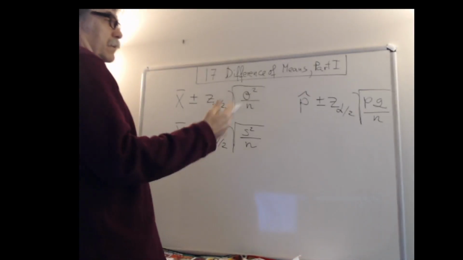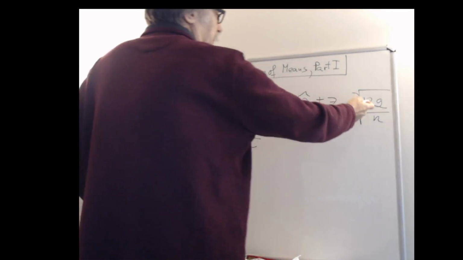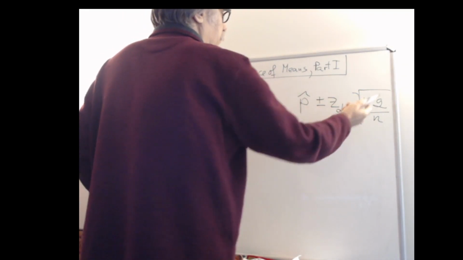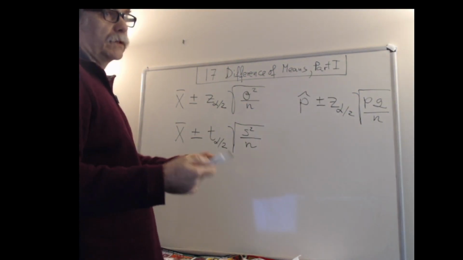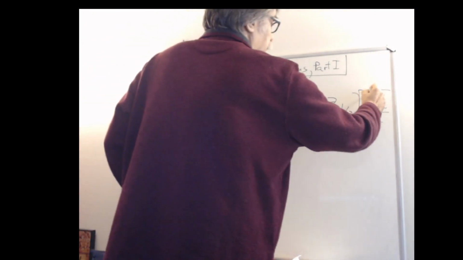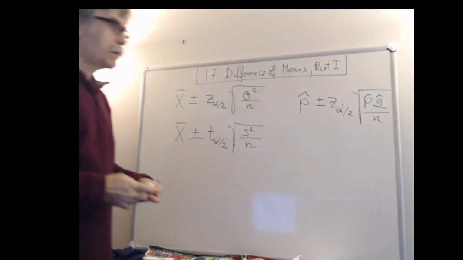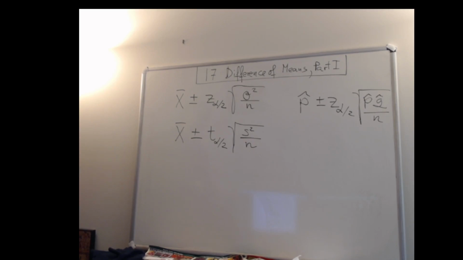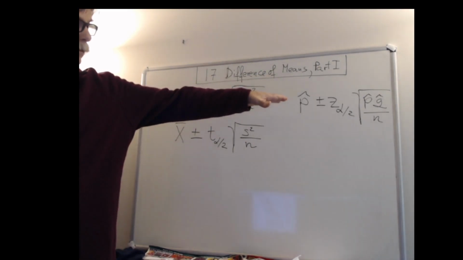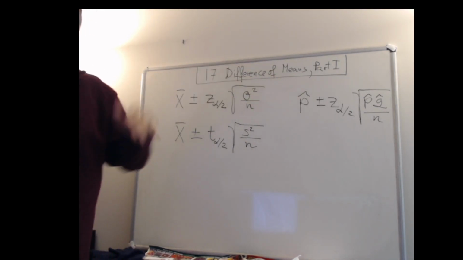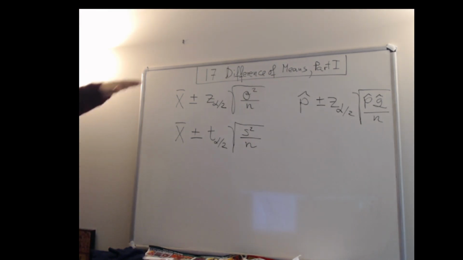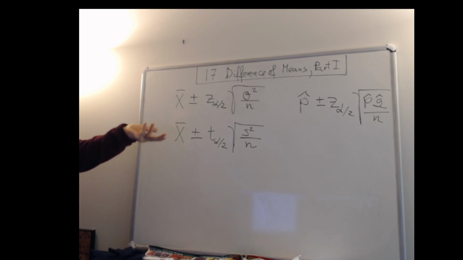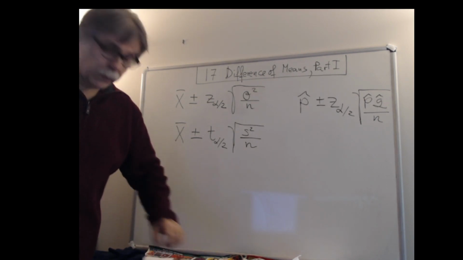Of course, because you estimate population proportion, you definitely would not know the population proportion which you're trying to estimate, so we replace that with what we get out of the sample. So that's the estimate of population proportion. These are the estimates when you're dealing with a single mean of a single variable.